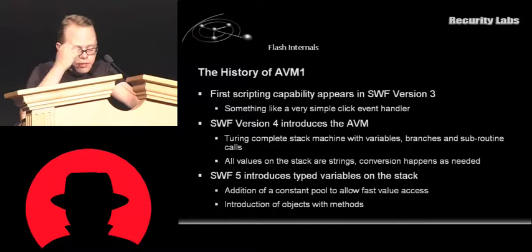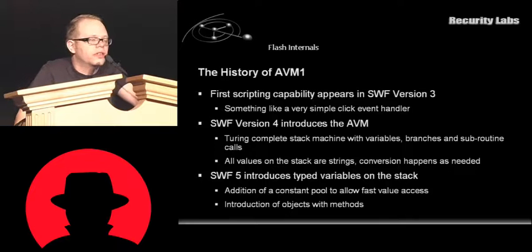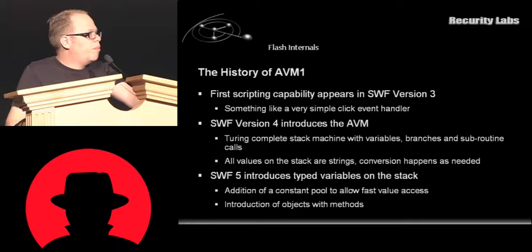I want to bore you with the history of AVM 1 a little bit because it gives you an insight on why things are so messed up. The first AVM 1 introduction was in SWF version 4. Before that, there was relatively little event handler type of things that you could do. The first was already a Turing-complete stack machine. It had variables, branches, subroutine calls, everything you would wish for.